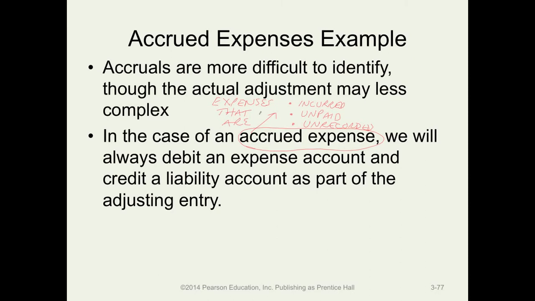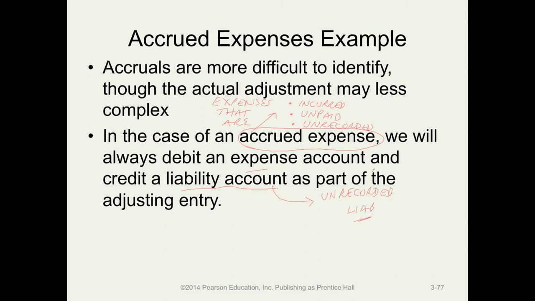Now, in the case of accrued expenses, we'll always debit an expense and credit a liability. So these are sometimes called unrecorded liabilities.